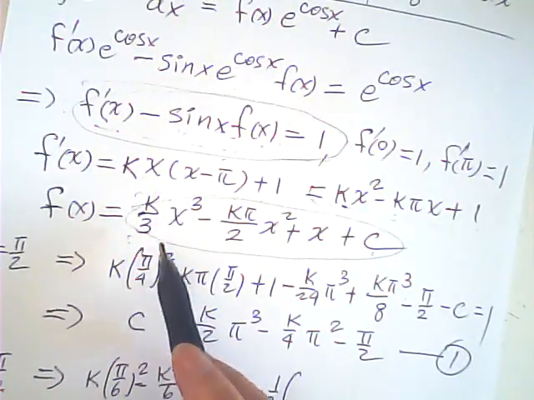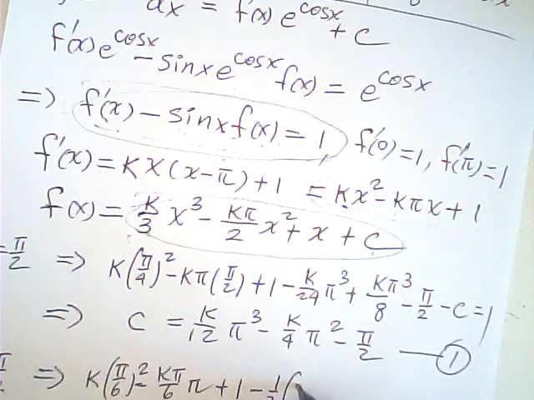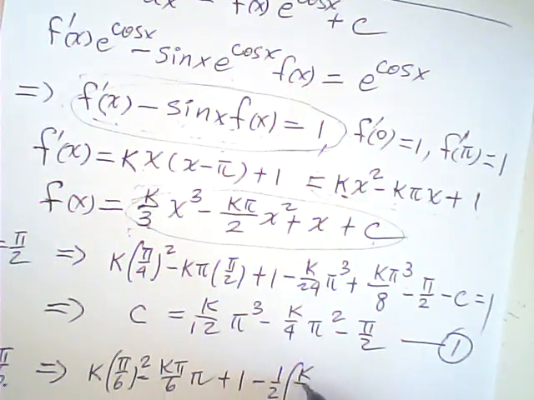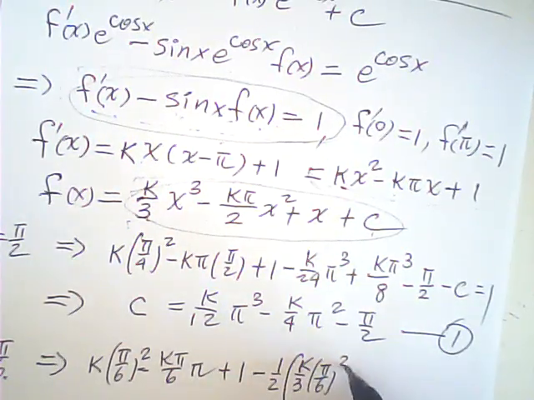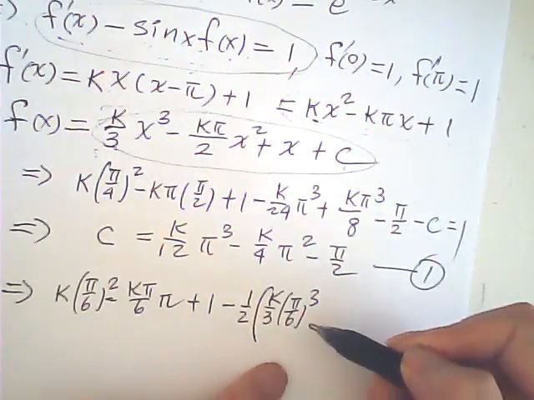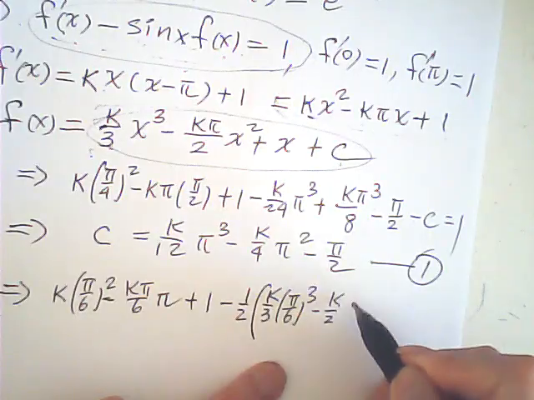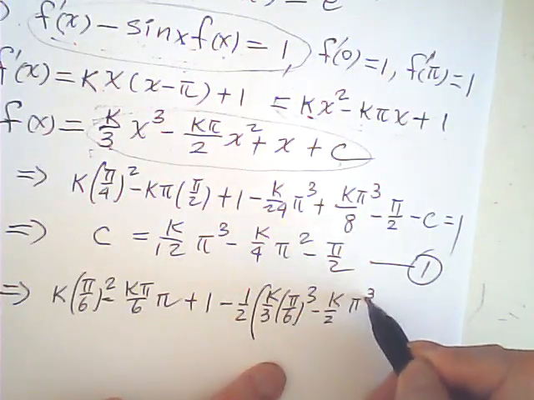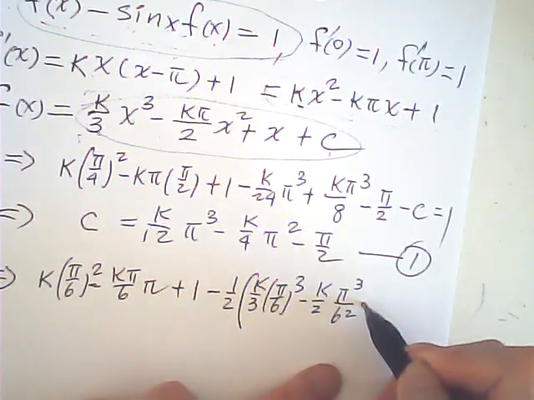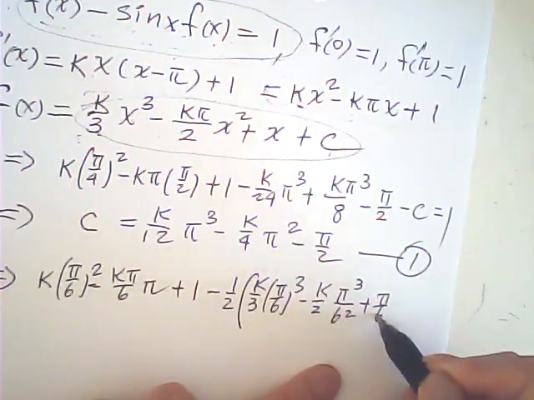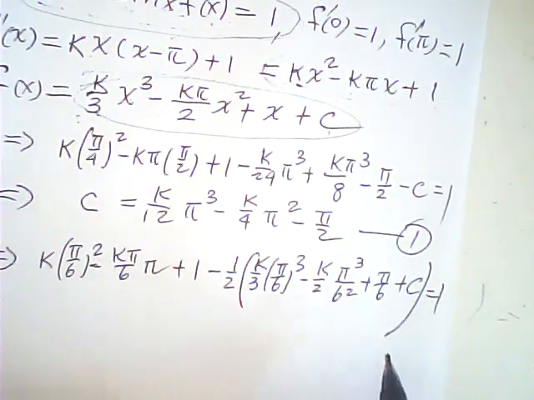multiplied by f of x. This is the f of x. Replace x by pi over 6, over 3 pi over 6 cubed, minus k over 2 pi over 6 squared, plus pi over 6 plus c equal to 1.